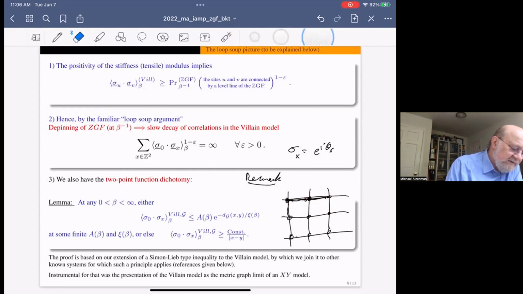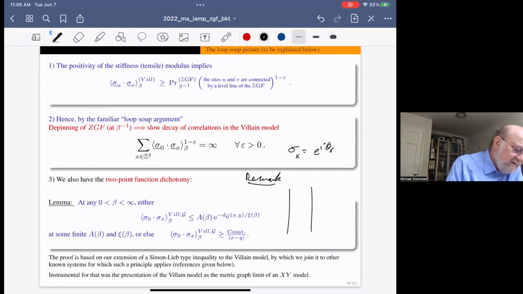So here is a statement I find cool. You can think of this continuum model, which I just mentioned, as the limit of systems where you chop the segments into small intervals, and you consider XY models on the sides of this enhanced graph with couplings which are driven to infinity, so that the variance of the spin over short segments is very small.